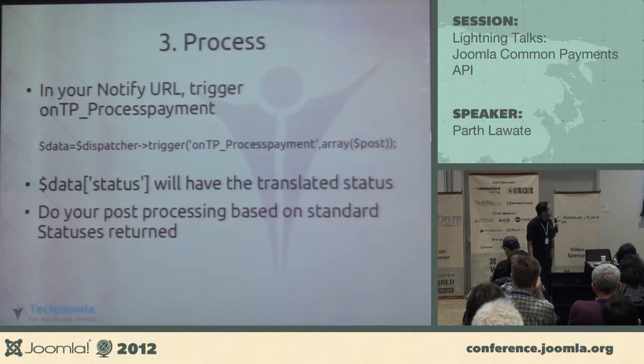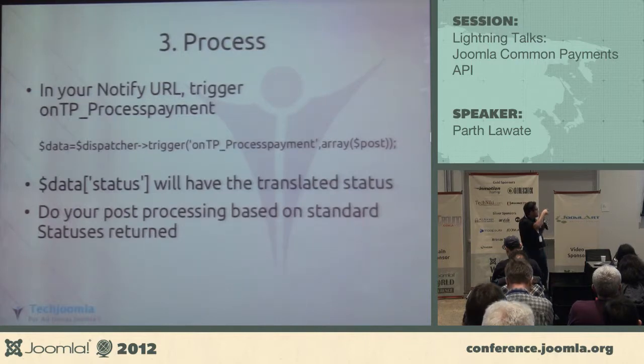Finally, on the notify URL, let's say you are developing an extension that is accepting donations. Let's say you have a notify URL. This is the place where the payment gateway will come back and say, hey, this payment is confirmed. In every payment plugin, we have a set of variables defined on the top, in the header, that basically decides what the standard variable names are.